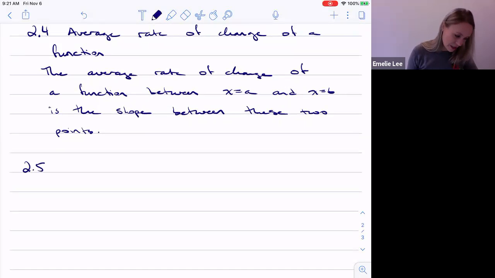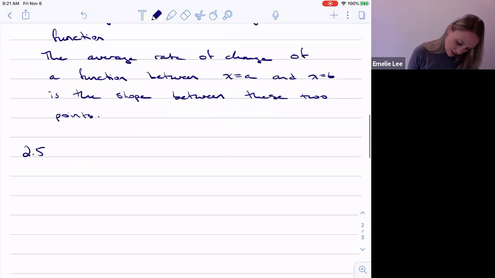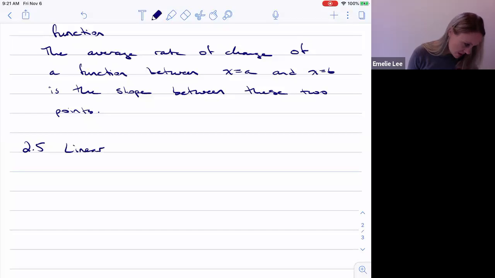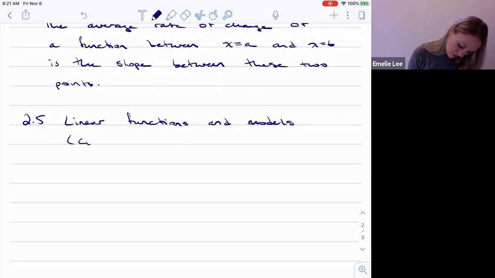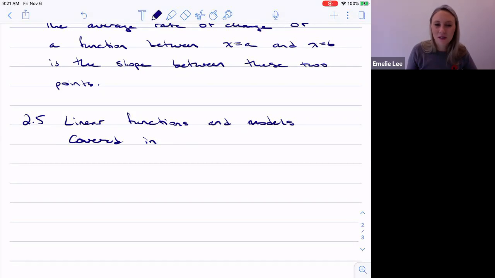2.5, I'll just make a note here, is on linear functions and models. But this was covered in chapter 1, so we're not going to cover it here again.